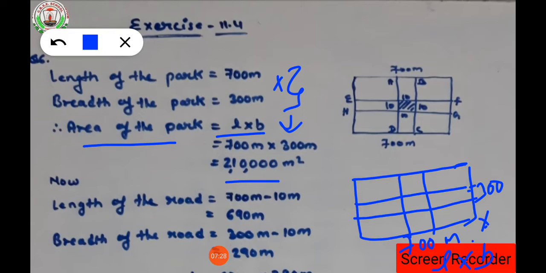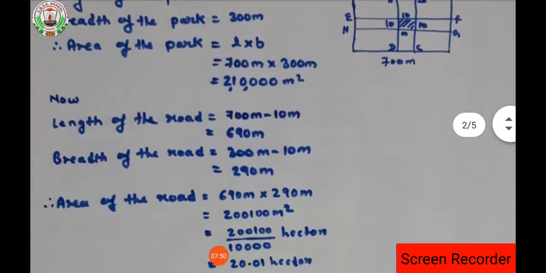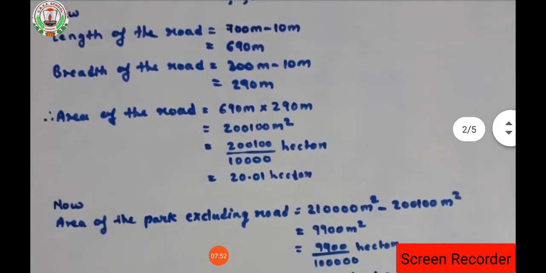Here in this question the crossroad is 10 meter wide, that means the crossroad breadth is 10 meter everywhere. Look in the figure. So the breadth of the road is 10 meter everywhere.